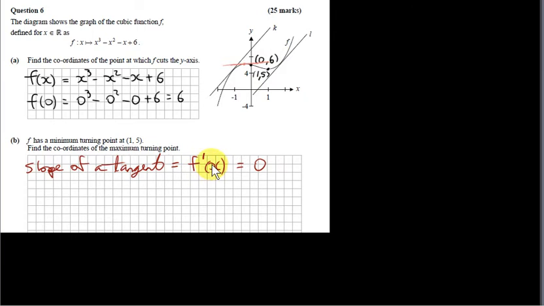So to find out the x value that gives us a derivative that's 0, we get the derivative. We differentiate x cubed minus x squared minus x plus 6. That gives us 3x squared minus 2x minus 1, and we put this derivative equal to 0. And we solve this equation. We find the values of x that make the derivative equal to 0. Those will be the x values of the two turning points.